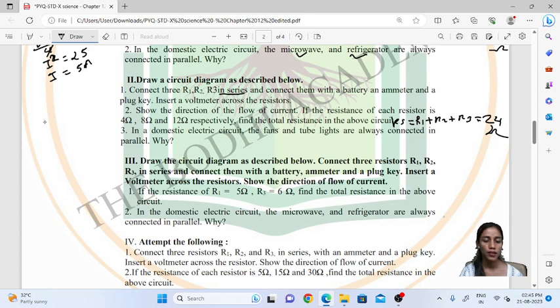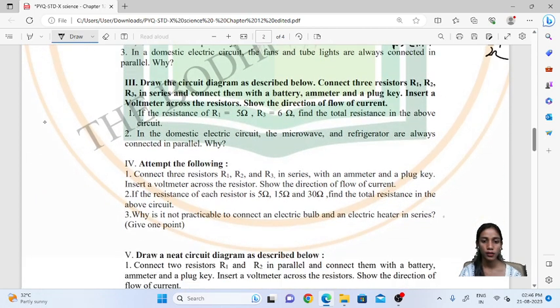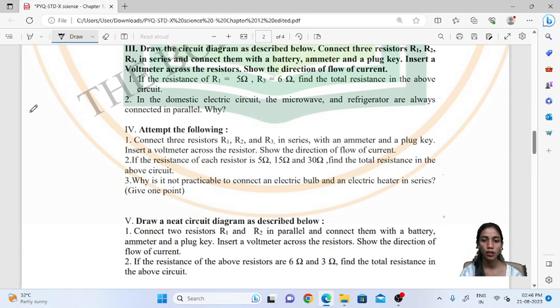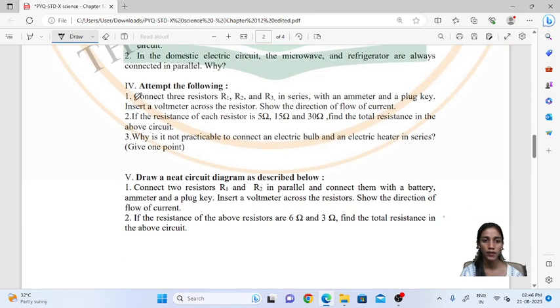Then the question is, in a domestic electric circuit, the fans and tube lights are always connected in parallel. Why? The answer is the same as discussed above. These questions are similar to the first one. You can see them.